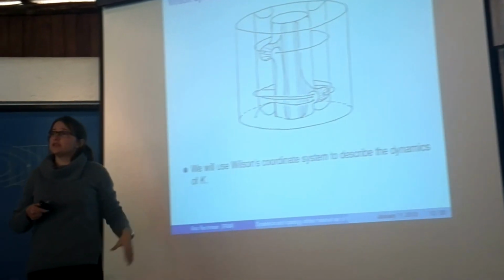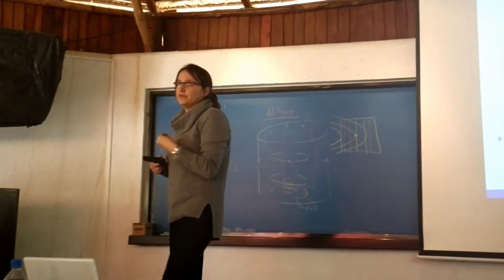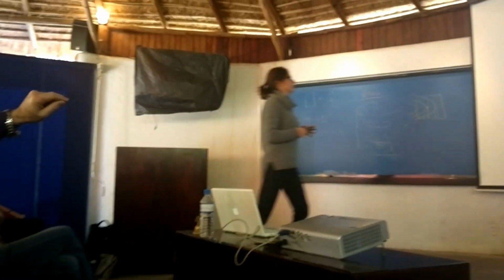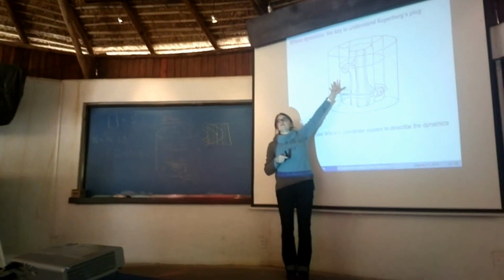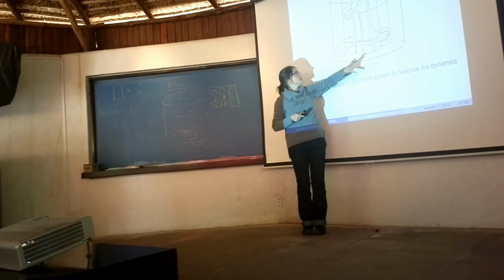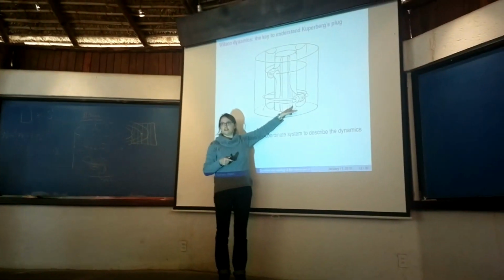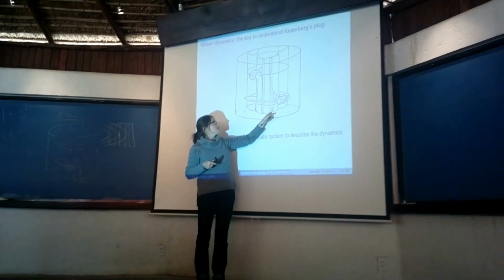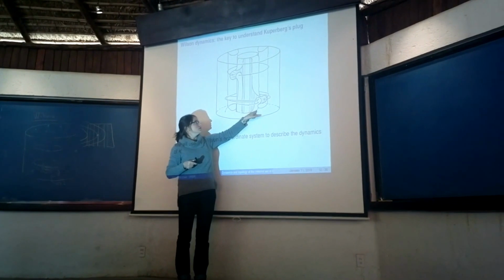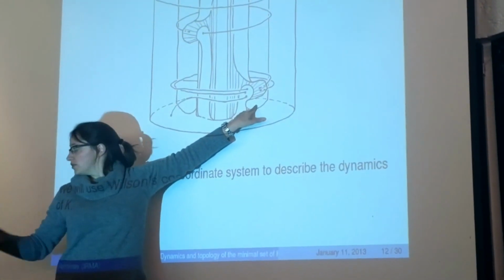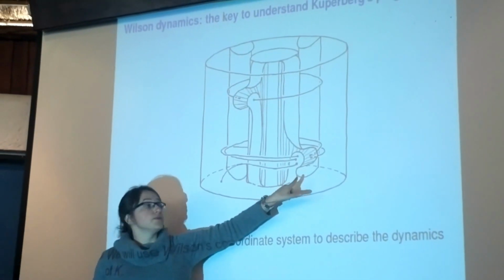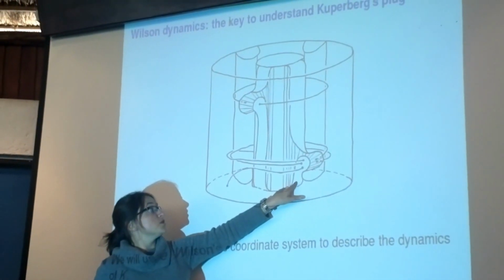So what I want to say with this picture is that whenever you follow... Did you say that again, that the dynamics is determined by what data? So the data is, this is the Wilson plug where I erased some parts, and the data is that I identify this disk in the entrance up here with this one. This is the insertion I did, and this disk is mapped into this one.